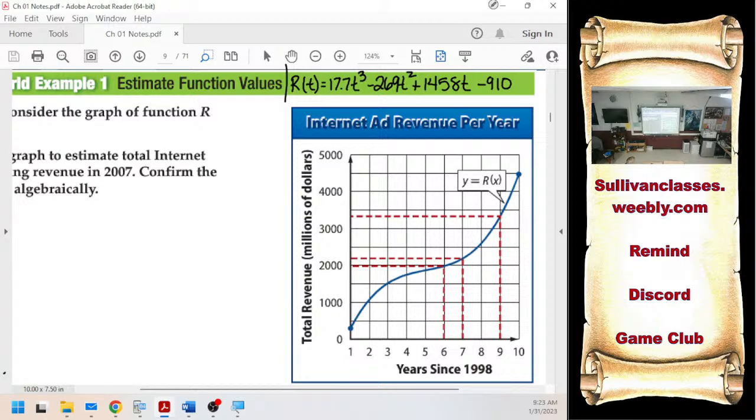You have to be able to read the axes, okay? Not just time, but years since 1998. That's another big one. Look at the y-axis. It's not just revenue, it's revenue in millions. So when you plug in a 6, you're going to get out a 2,000 or ballpark.